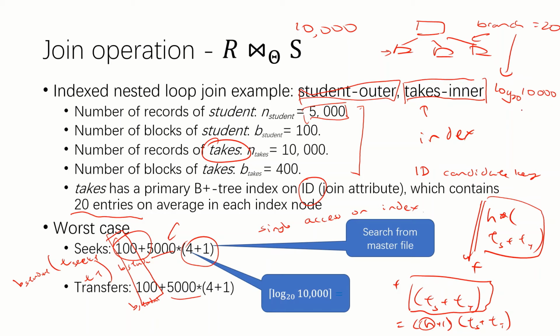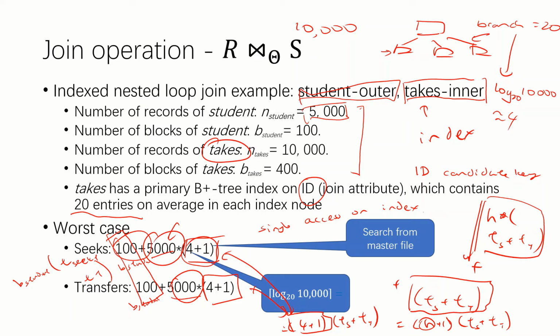So log 10,000 base 20 is approximately equal to 4, and that is how I got 4 plus 1 times TS plus TT. That is how I get 4 plus 1 over here and 4 plus 1 over here, which is exactly the same. This occurs for every single tuple of my outer loop, and that's why I have the 5,000 here.